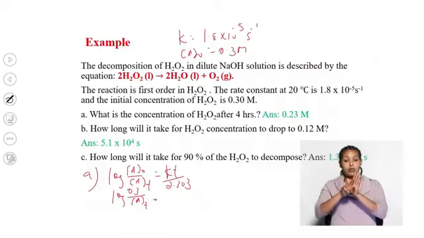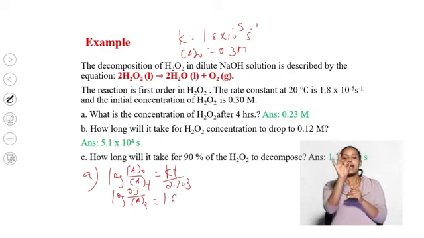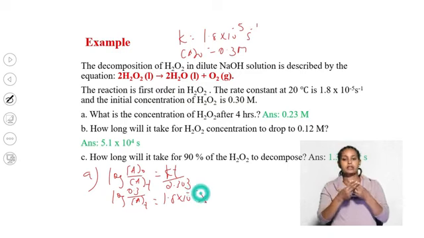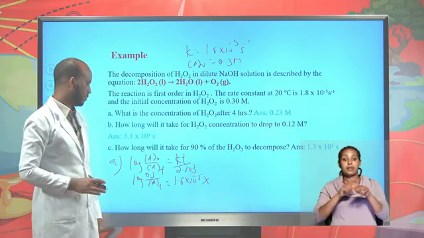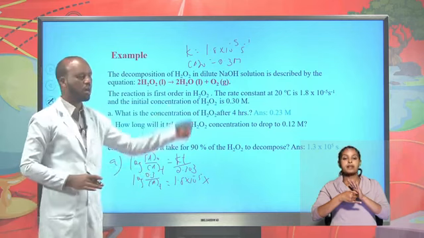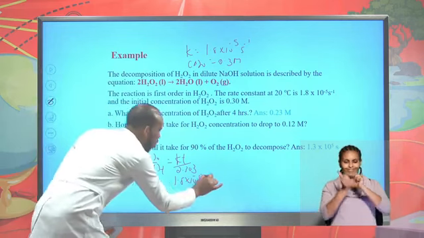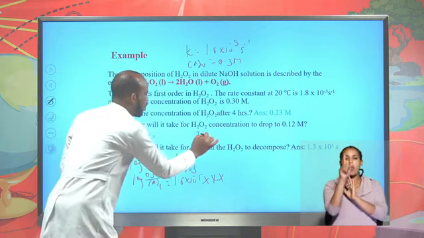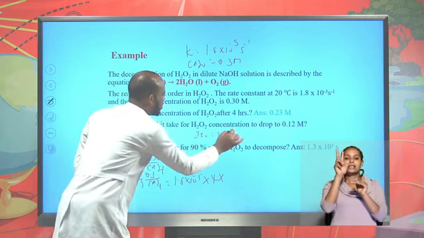hours. t equals... K is the rate constant, 1.8 times 10 to the power minus 5, times t, the time in seconds. The given time is 4 hours. In seconds, it is 4 times 1 hour, and 1 hour equals 3,600 seconds.